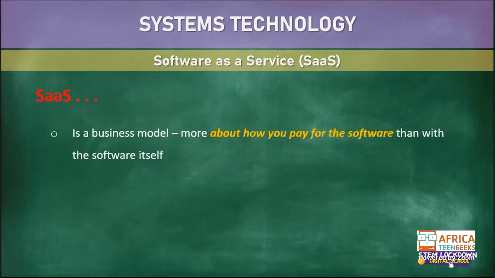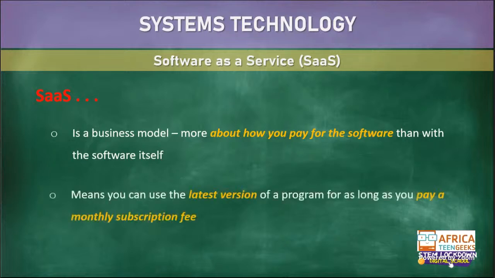If we look at the business model, we can say more about how you pay for the software than the software itself. You are not going to get a software and install it on your computer, but you pay to access the software virtually.